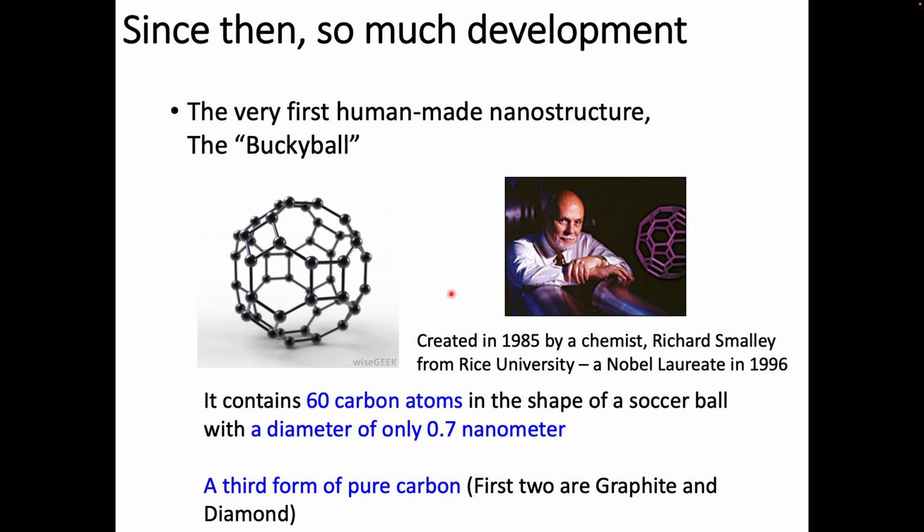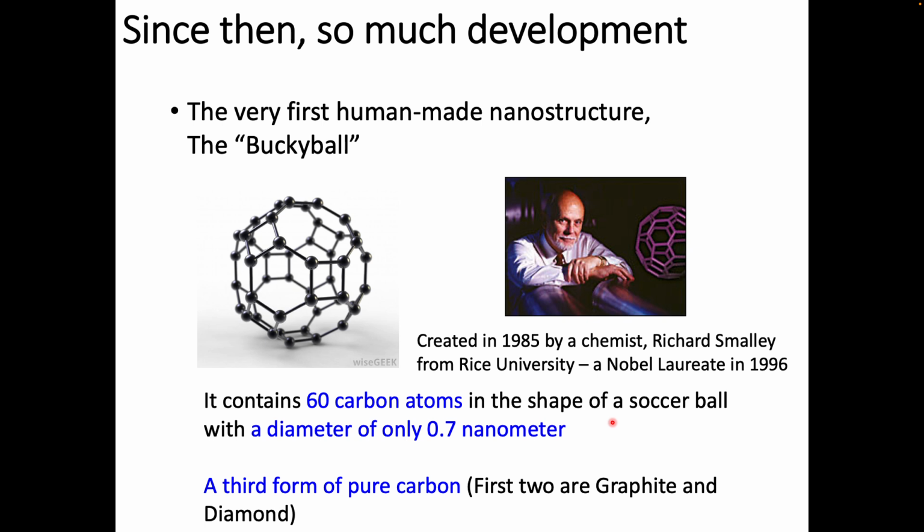The structure is made entirely of carbon atoms, the specific number being 60. The nickname is buckyball, and the scientific name is C60, because C stands for carbon and it has 60 atoms in it. So C60, in the shape of a soccer ball, with a diameter of only about 0.7 nanometers.